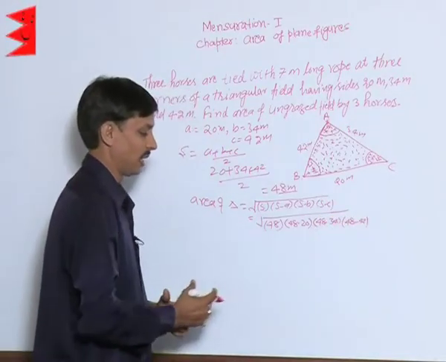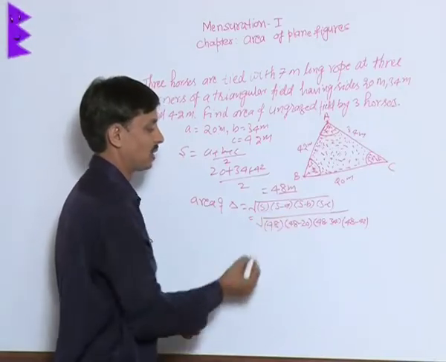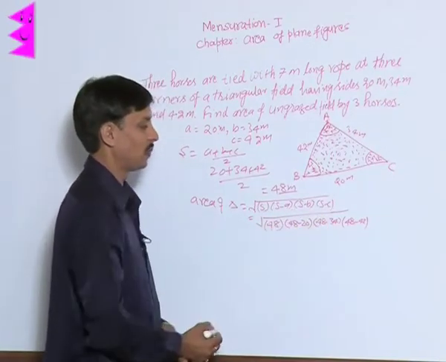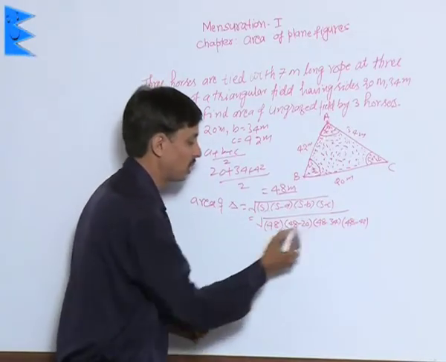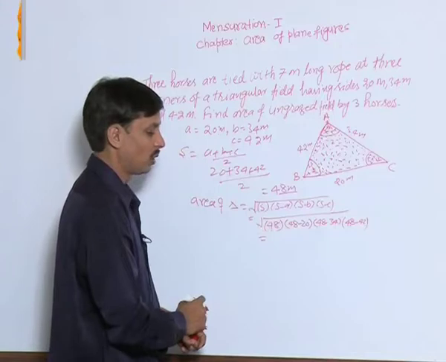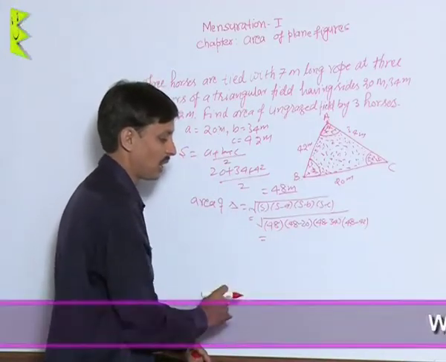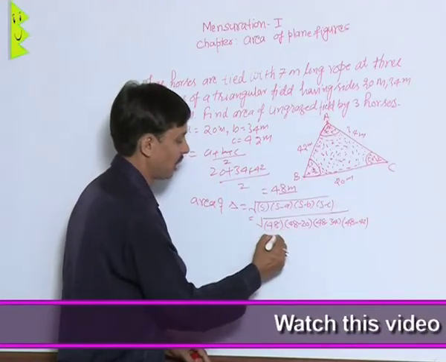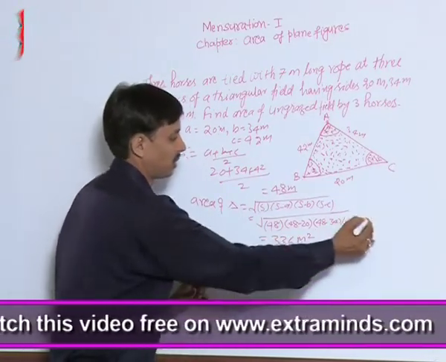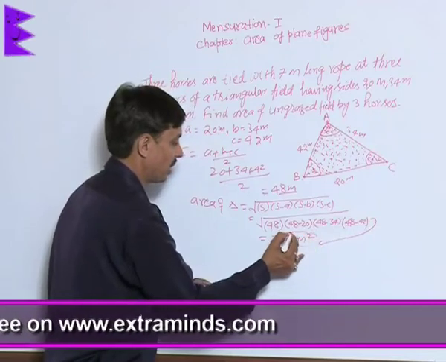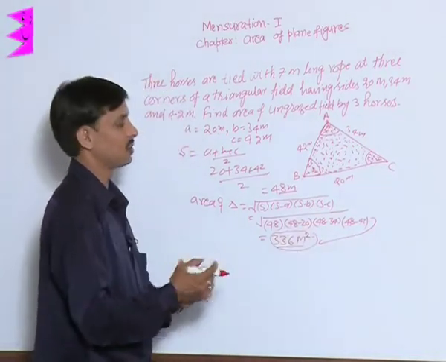If we simplify this portion, that is 48 into 48 minus 20 into 48 minus 34 into 48 minus 42, taking the square root, we will come to know the area of the triangle is 336 meter square. After calculating this value, we get the area of the triangular field is 336 meter square.